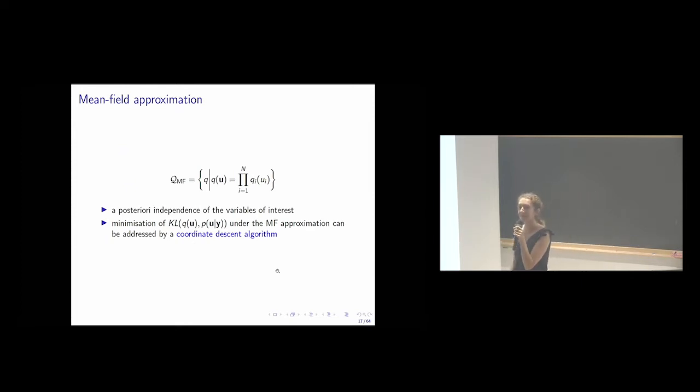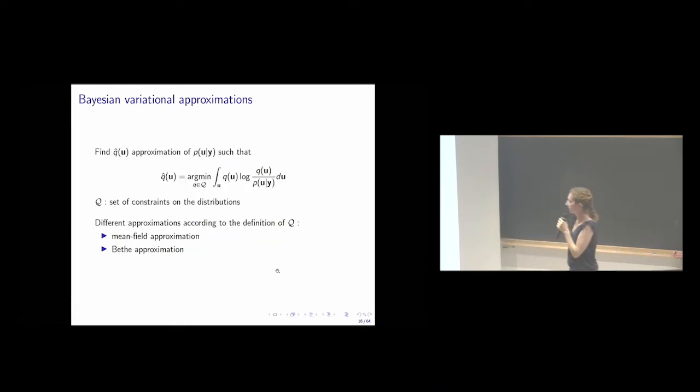Yes? On the previous slide, do you construct this for each and every observation Y, or how does this enter in the minimization procedure? Do you want this Q to be a good approximation for a couple of Y? You mean the observation here? No, it's the entire set of observations. But actually, you can do whatever you want. If you want a posterior distribution according to a specific observation you get, then you can build something specific to this particular set.